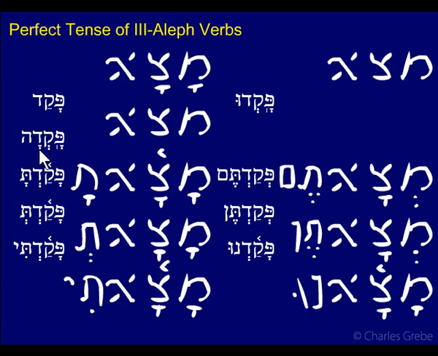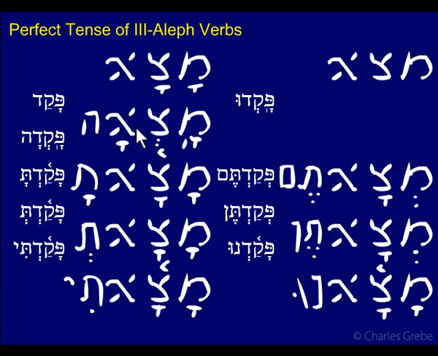We have pakada. This now becomes ma tse a. In other words, there's no change. And can you see why there would be no change? Well, there's nothing here to lengthen, but really what's happening is that the Aleph is not at the end of a syllable. It's at the beginning of a syllable.